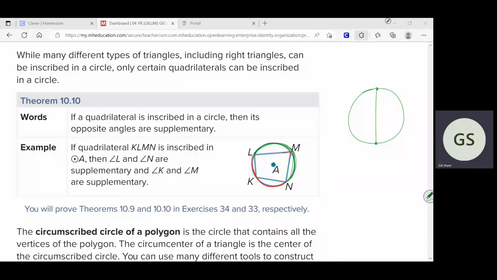Well, what did we just make when we outlined those two arcs? The whole circle, right? Which is how many degrees? We just outlined 360 degrees for the two opposite arcs. What's true about an inscribed angle relative to its arc?